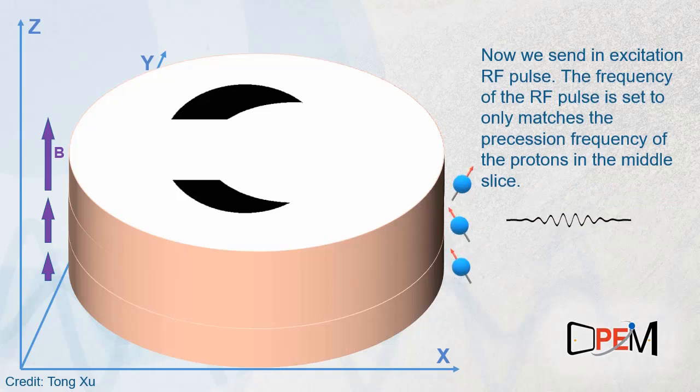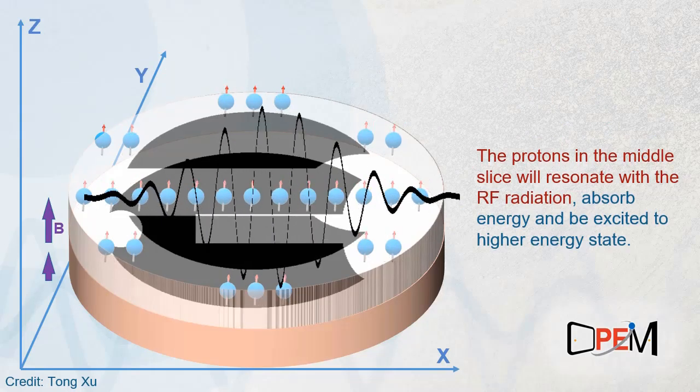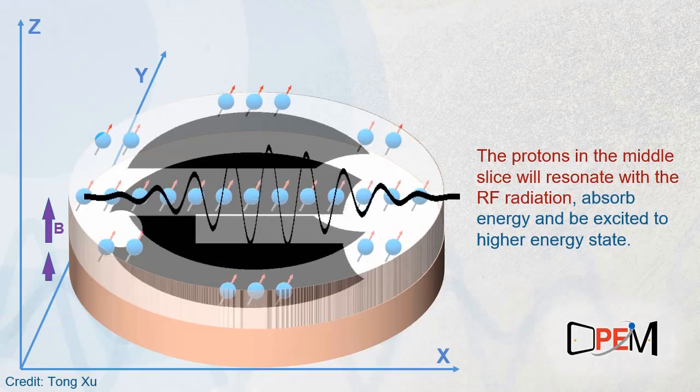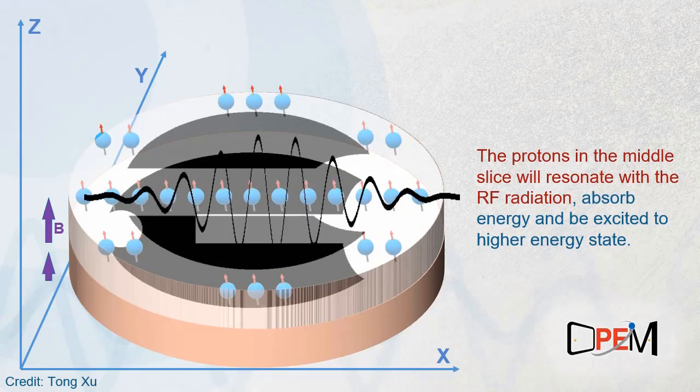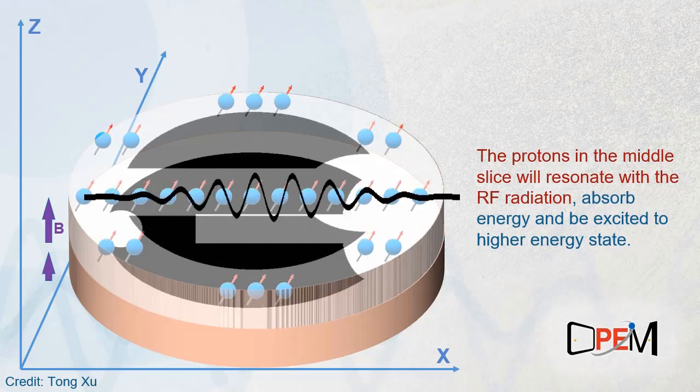Now we send in an excitation RF pulse. The frequency of the RF pulse is set to only match the precession frequency of the protons in the middle slice. Only the protons in the middle slice will resonate with the RF radiation, absorb energy, and be excited to higher energy states.